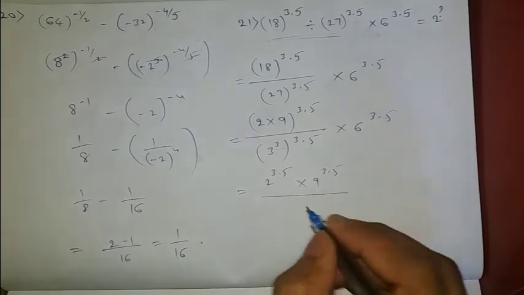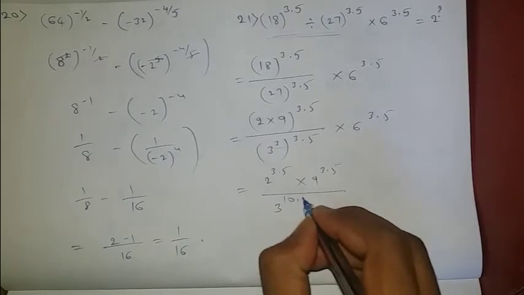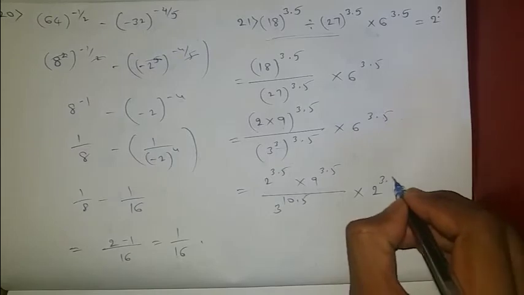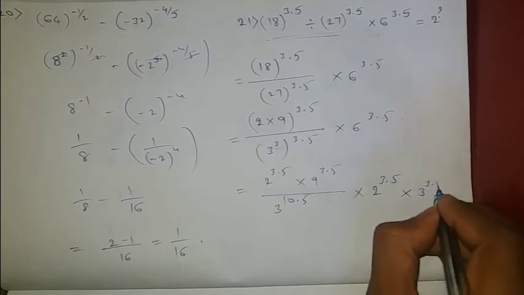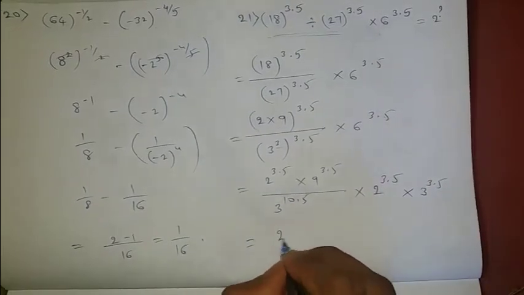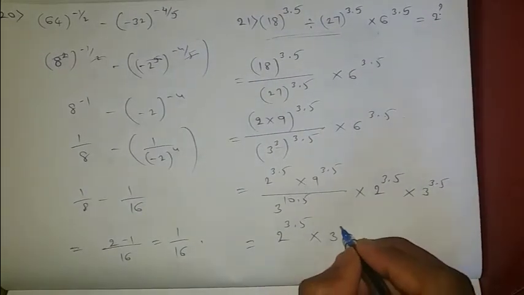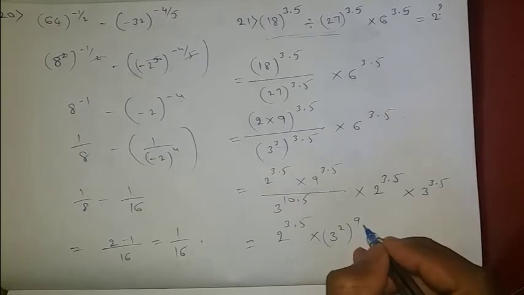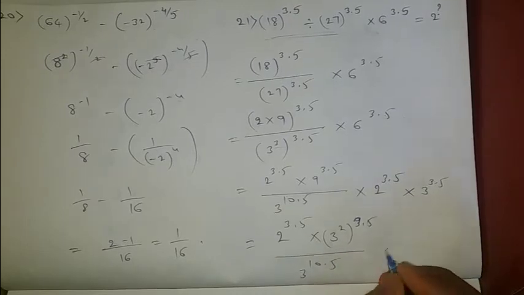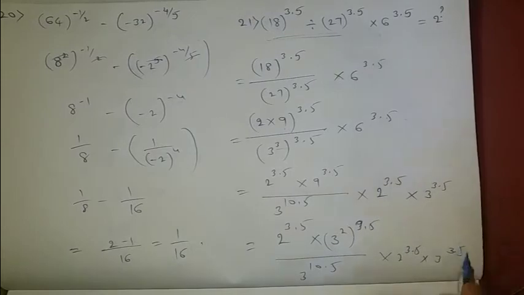Two powers are there, so we will multiply the powers: 3 power 3 into 3.5 is 10.5, into 6 power 3.5. I will write 6 as 2 into 3, so 2 power 3.5 into 3 power 3.5. Next, the numerator 2 power 3.5 into 9 power 3.5 can be written with 9 as 3 squared, whole power 3.5, divided by 3 power 10.5 into 2 power 3.5 into 3 power 3.5.